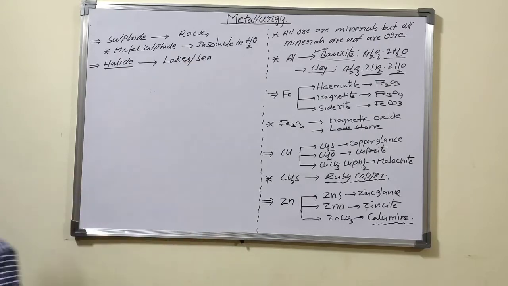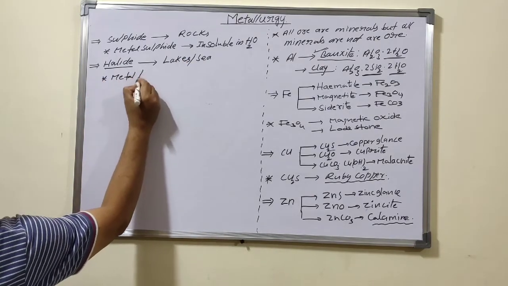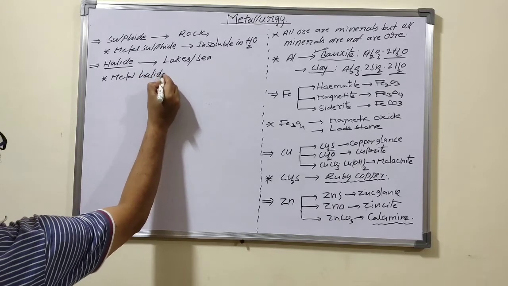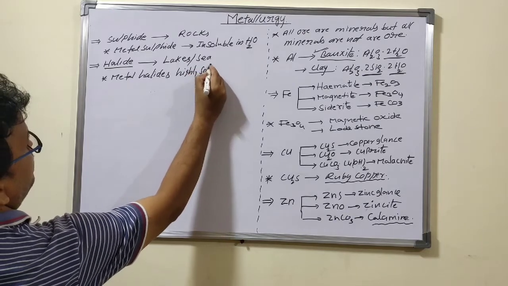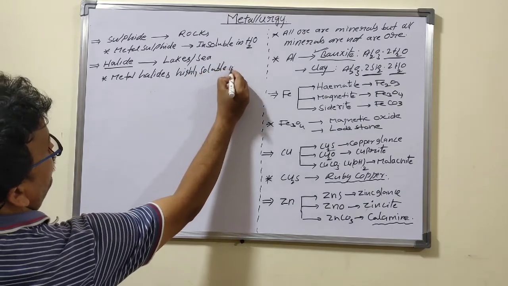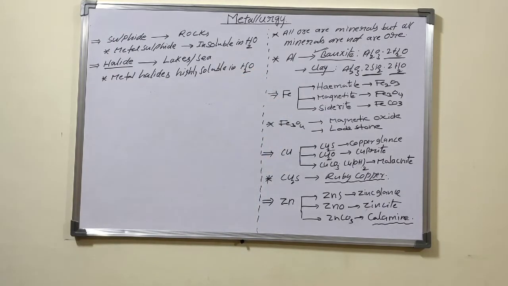Because metal halides are highly soluble in water. That's why these are present in lakes and sea. This is the point you have to remember.